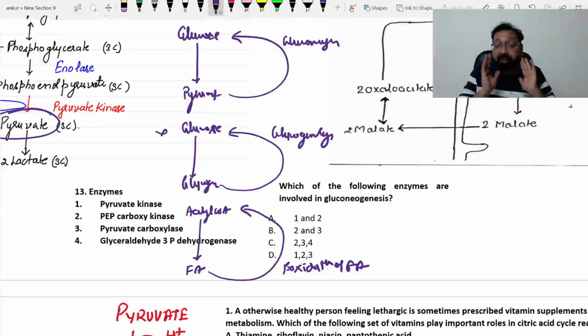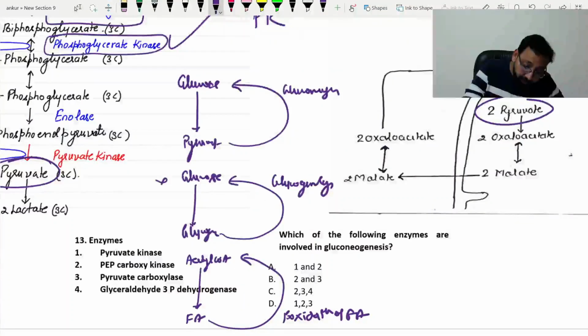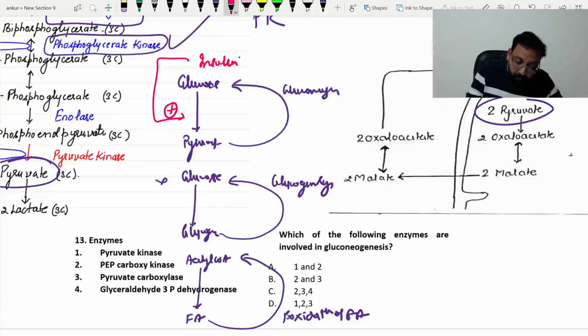These are regulated in such a way that when one is activated, the other is kept in an inhibited state. And I have already told you that insulin activates glycolysis, so insulin will inhibit gluconeogenesis.